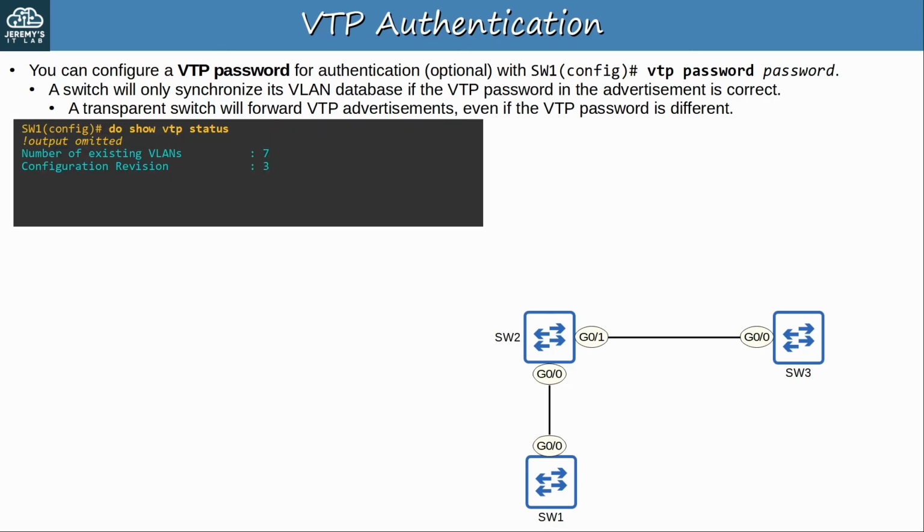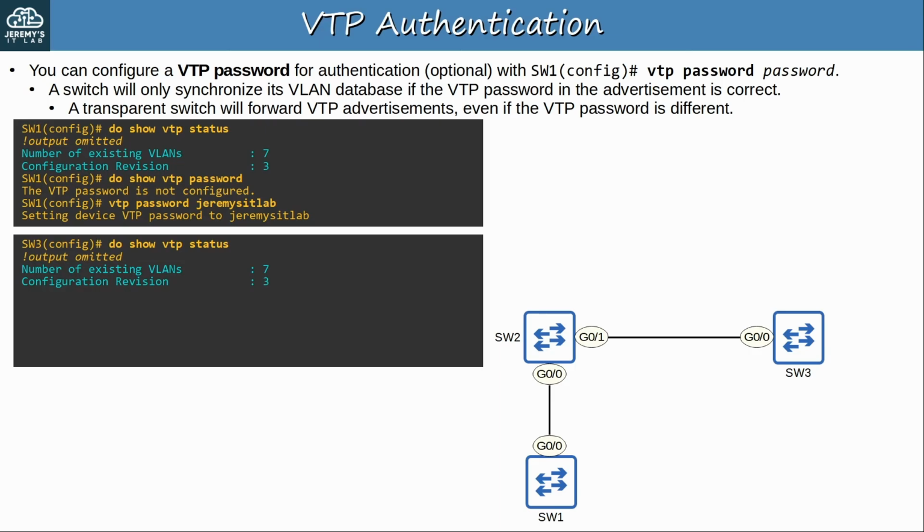First, on switch 1, I checked the VTP revision number, which is 3. Then I used show vtp password. This will display the VTP password, or in this case, say that there is no VTP password configured. So I configured a password on switch 1. Then, on switch 3, I checked the revision number, which is the same as switch 1. I then created VLAN 4 on switch 3, and the revision number increased to 4.